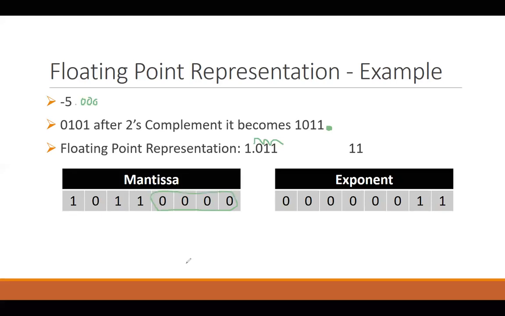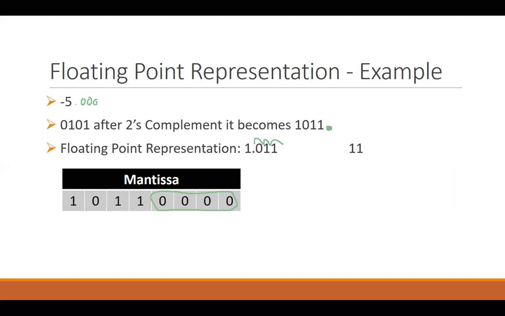You must have picked up on that in the previous slide, that these zeros are going to be neglected. When I convert my value back, these zeros, since they are on the right side of the decimal point, are going to be neglected when I do the conversion.